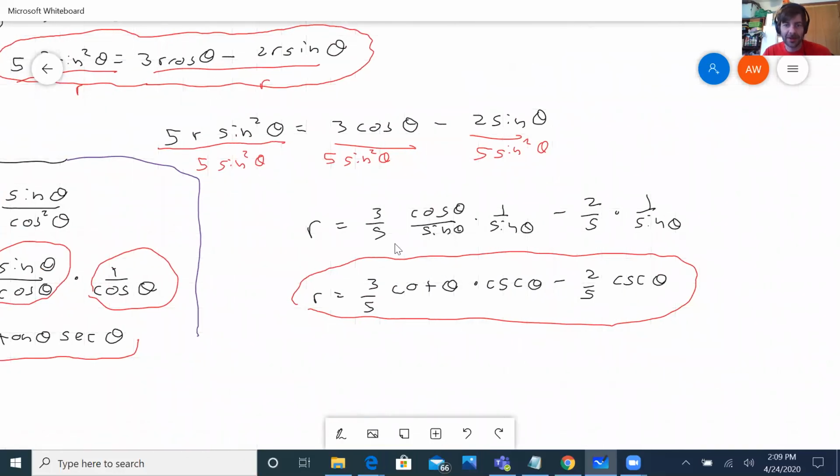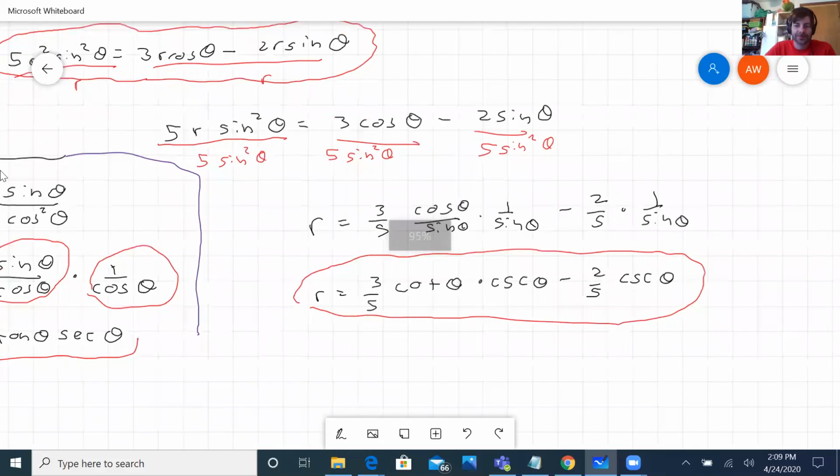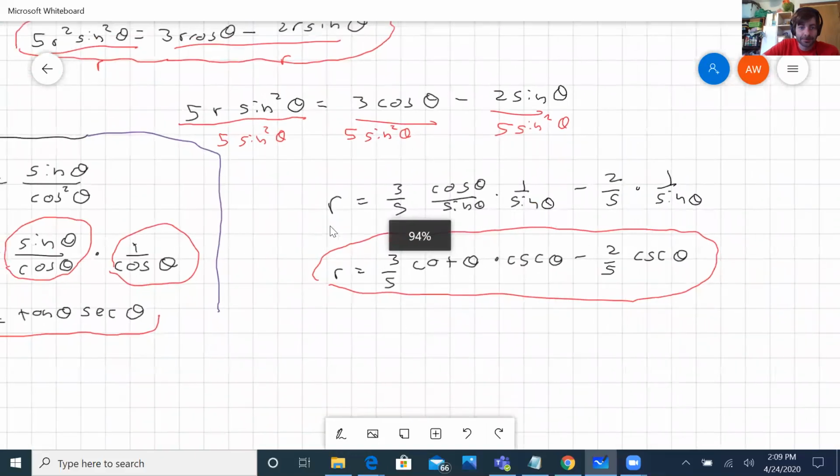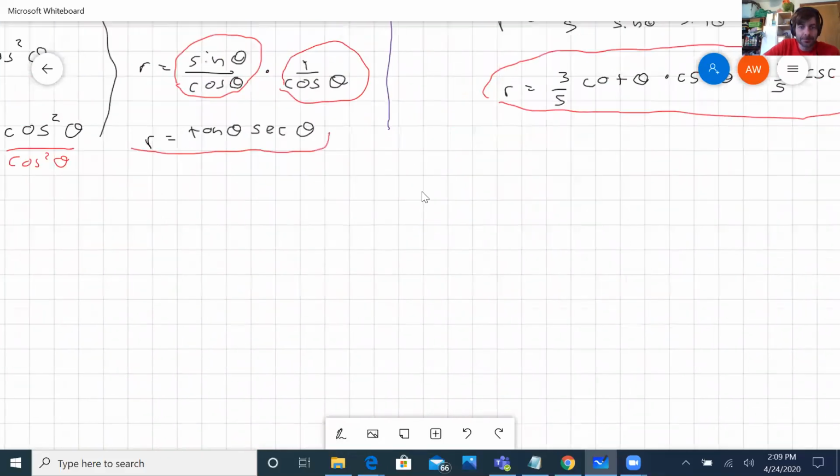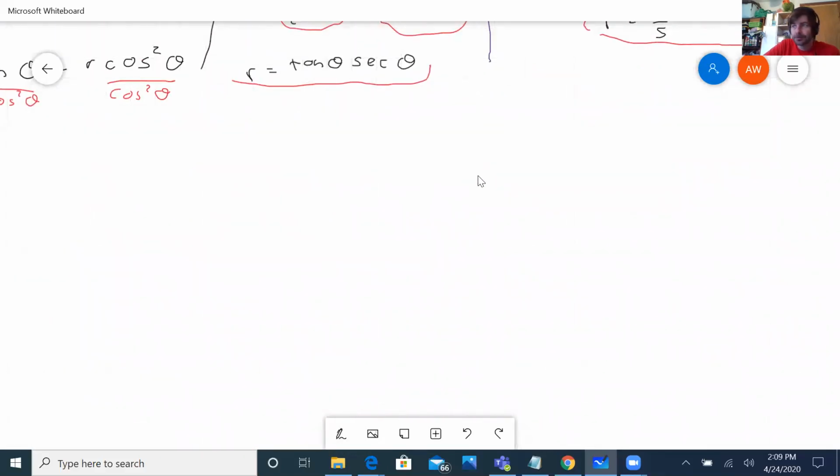Then I just took the 3/5 out front, cosine over sine, there it is. And then I had one more sine left, there it is. Then this one just reduced: 1 over sine, and then cotangent, cosecant, cosecant. All right.